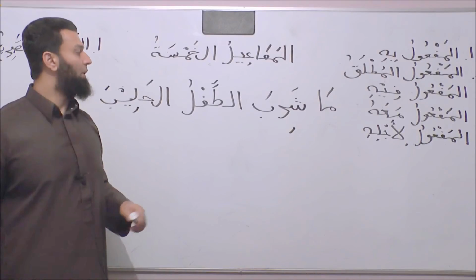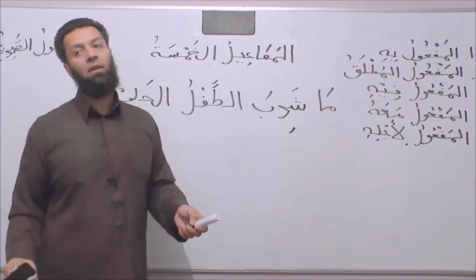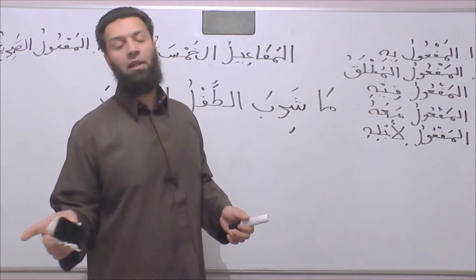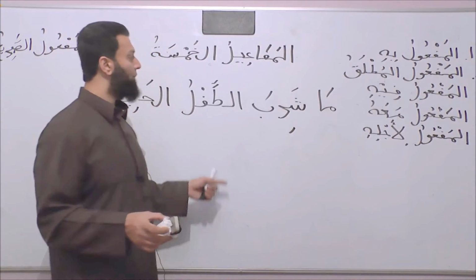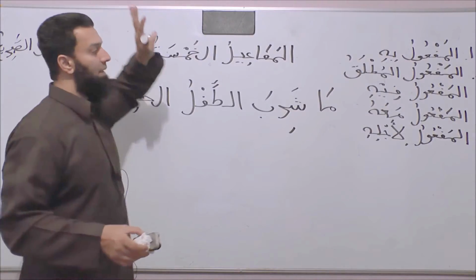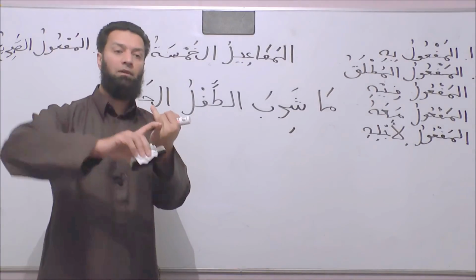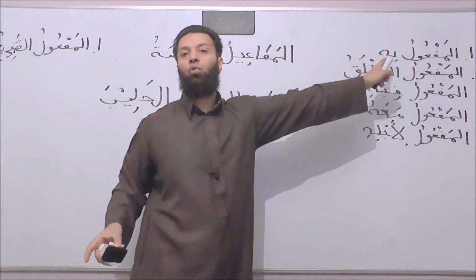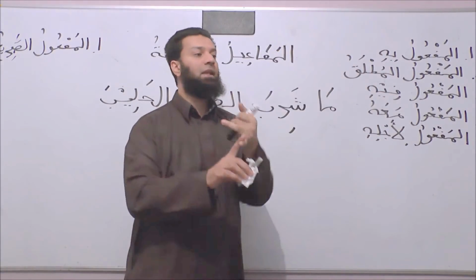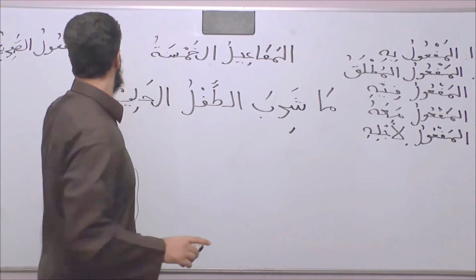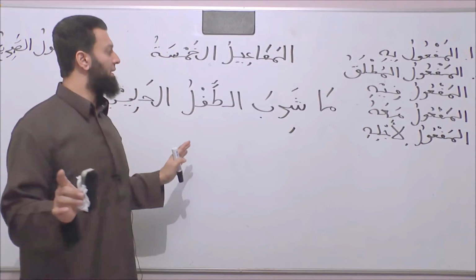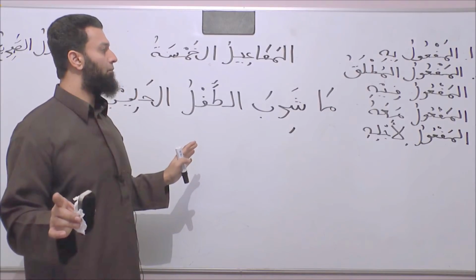And of course we could negate it with lam or lan, but that is only for al-mudari'u. That therefore is the first type of al-maf'ulu that can be al-maf'ulu bihi, right? So the first type is al-maf'ulu as-sarih. And that's quite simple to understand, bi'idhnillahi ta'ala.